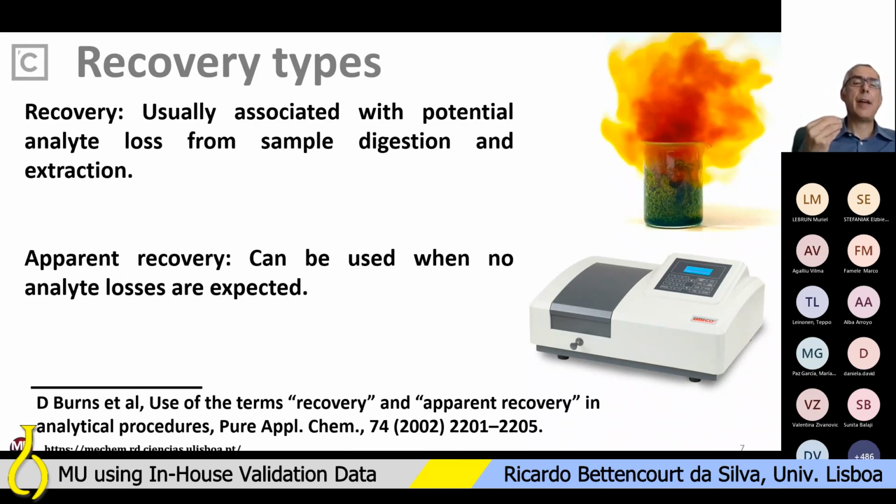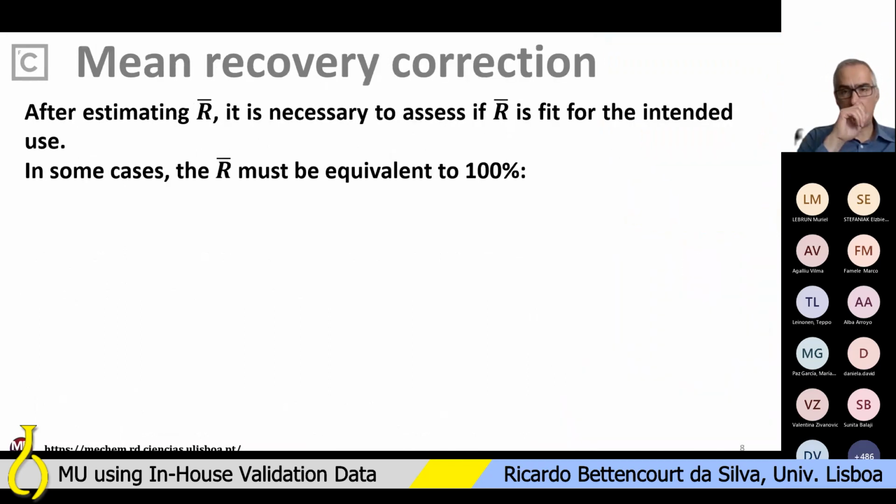So we know some preparation, we know expected and possible losses of the analyte. We will use the term recovery in this presentation for all these types of scenarios, both recovery and apparent recovery.